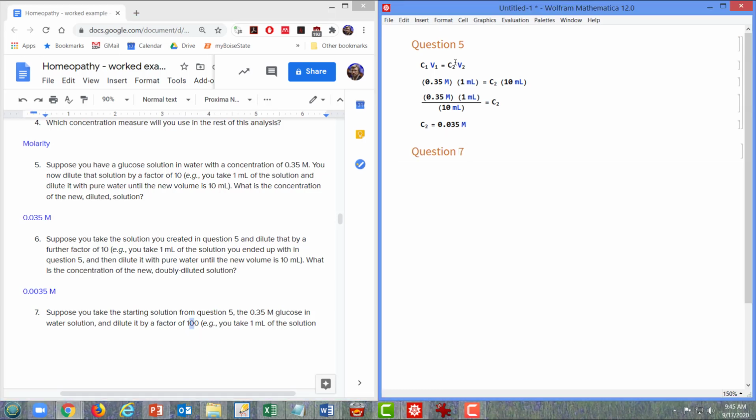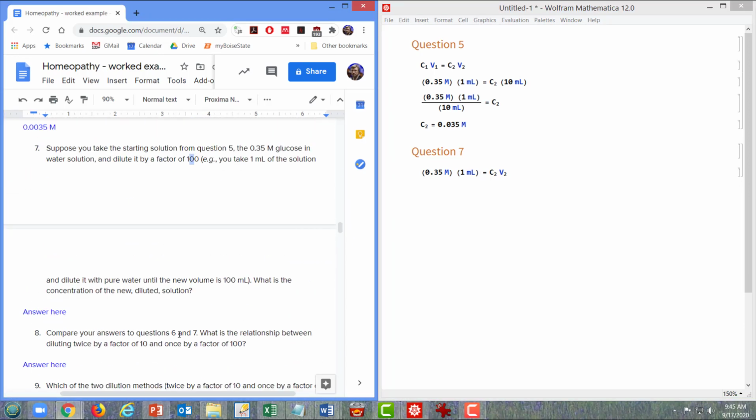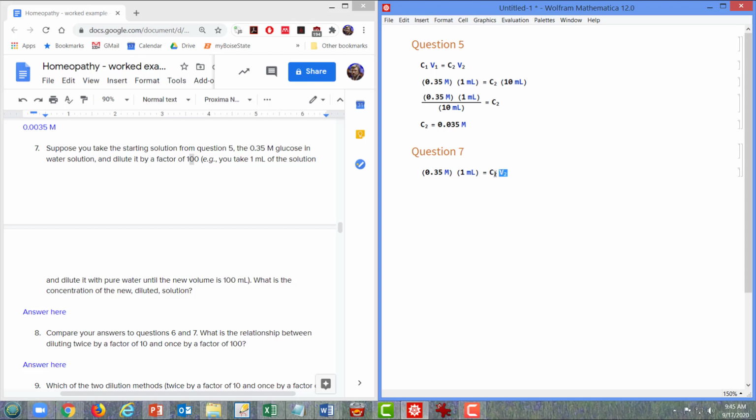So now we are going to use the same equation, and our starting solution is going to be the same thing, 0.35 molar, and we are still taking 1 milliliter of it. And we are diluting it with pure water until the new volume is now 100 milliliters.